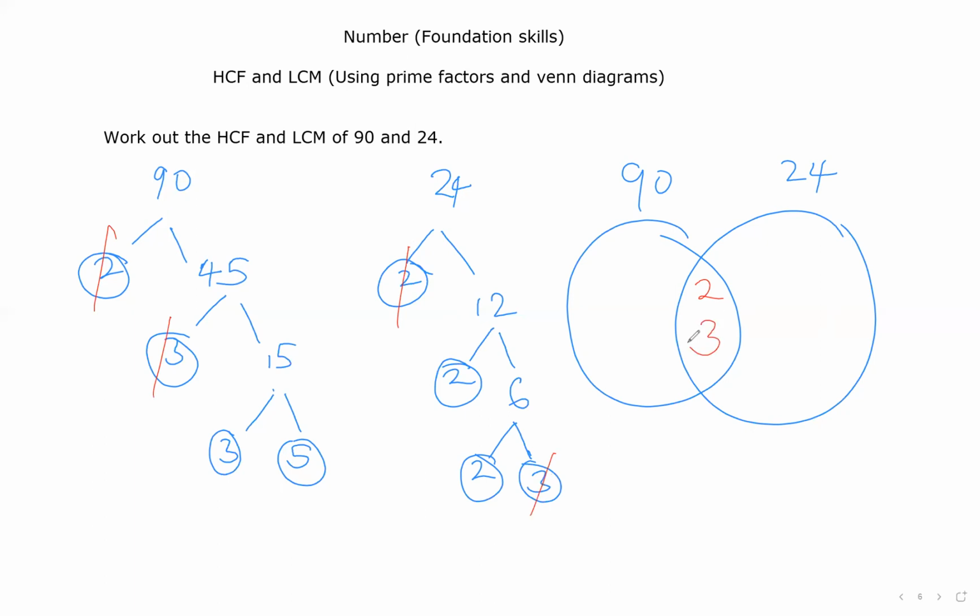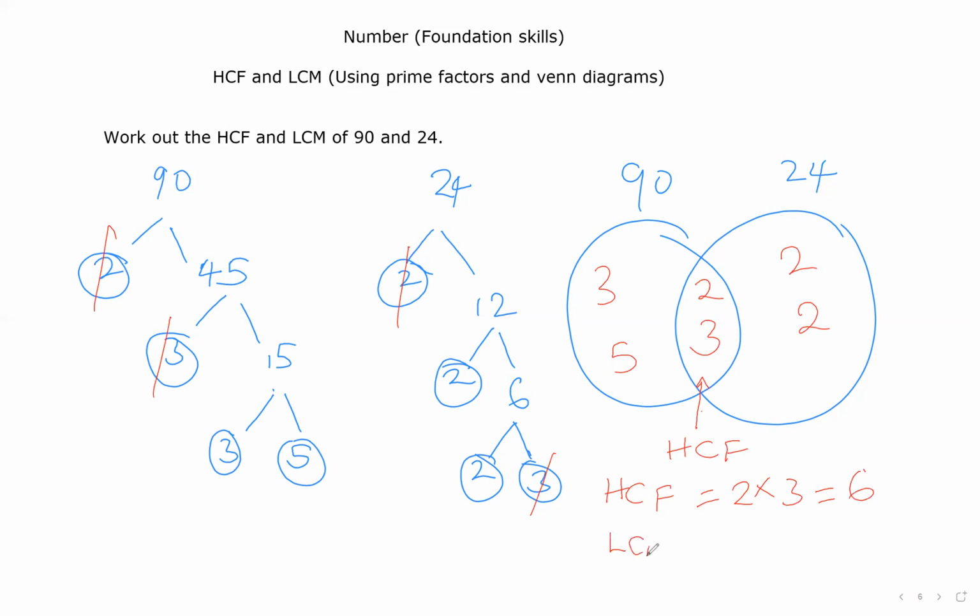Nothing else is common. So in the 90 circle, we have 3 and 5 that have not been used. And in the 24 circle, you have 2 and 2 that have not been used. HCF equals 2 times 3, and that's 6.